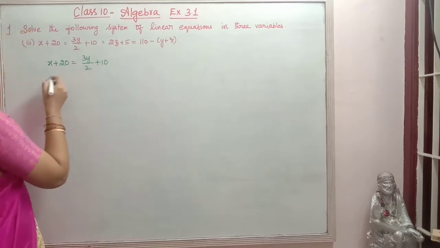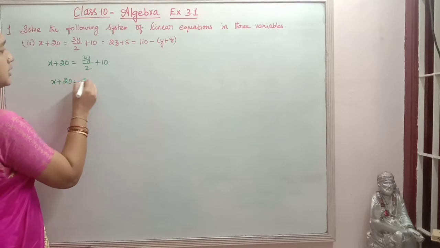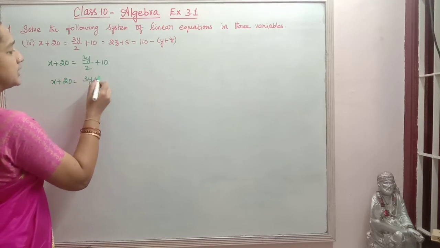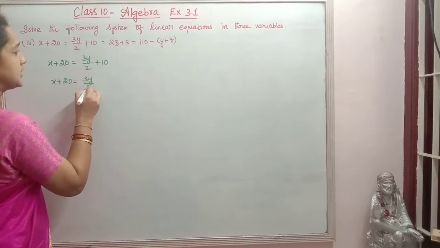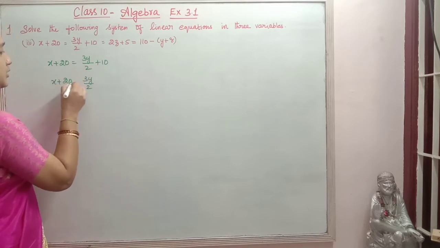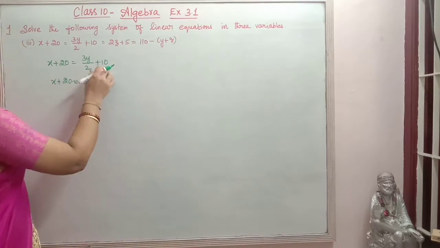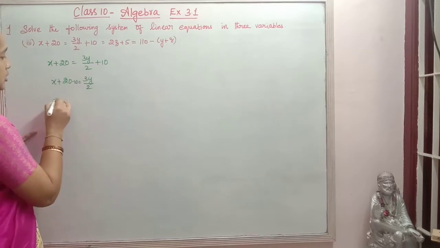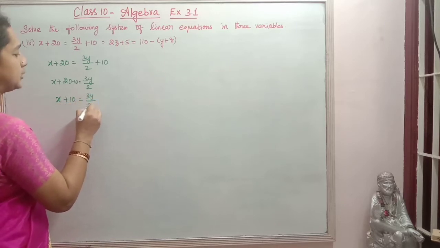If I simplify this, x plus 20 is equal to 3y by 2 plus 10. I will keep 3y by 2 as it is, and this 10 I will bring to the left hand side. So x plus 10 is equal to 3y by 2.